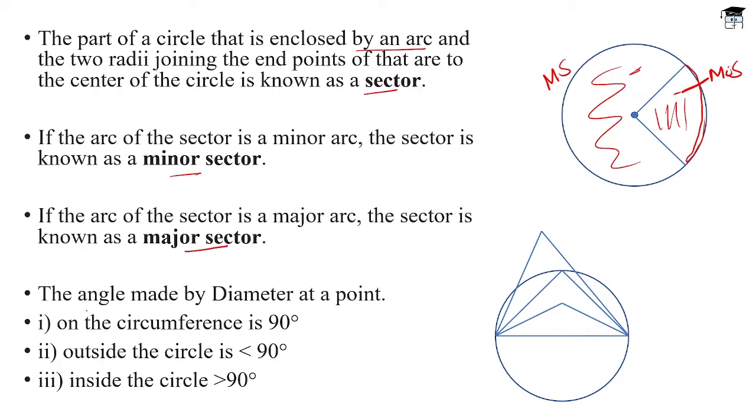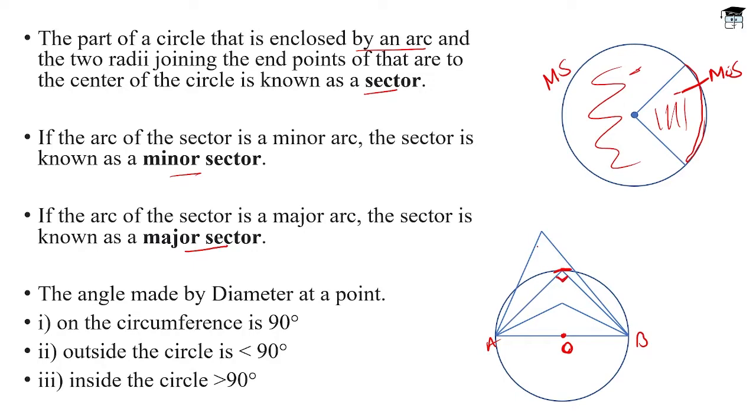Moving on to the last one, the angle made by a diameter at a point. So, AB is the diameter of the circle and O is the center of the circle. If the angle is on the circumference, then it is 90 degrees.